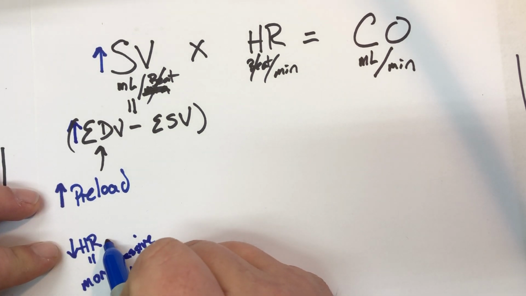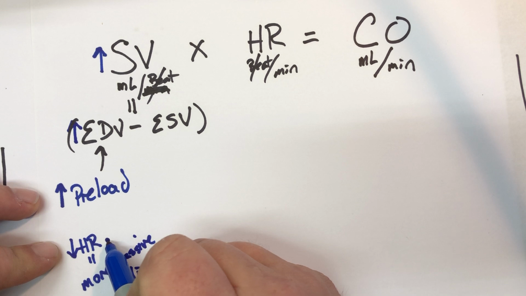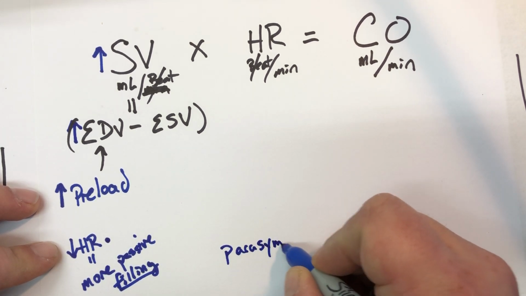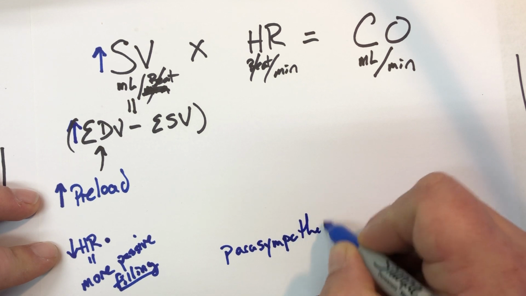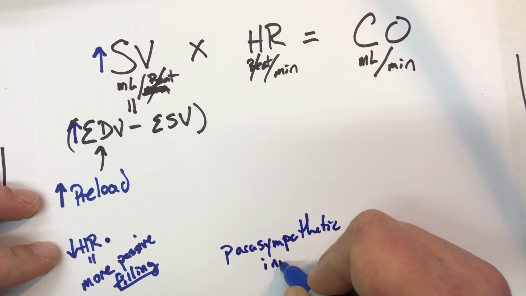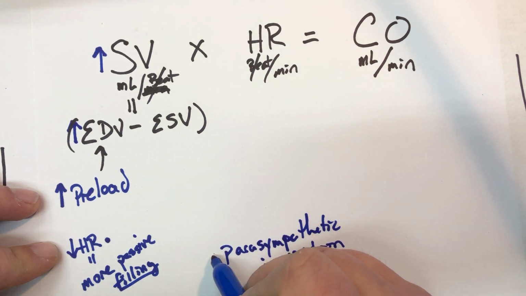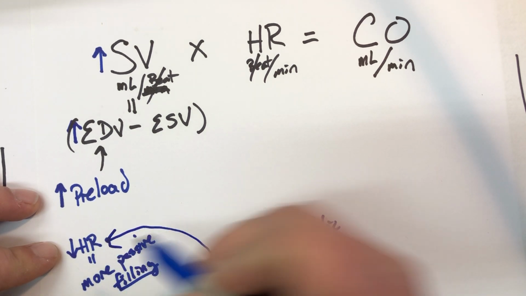The way that we get lower heart rate is by parasympathetic innervation. So this shouldn't be that hard of a conclusion to draw.